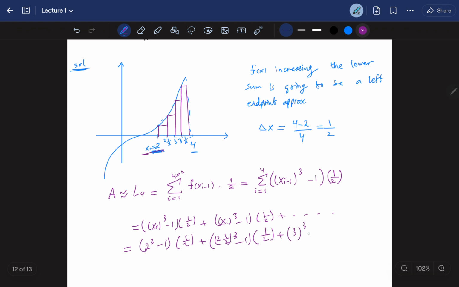And you just take the points by adding 1/2, and you add them up. So this represents the area for the first rectangle, then the second rectangle, this is the area of the third, and lastly, this is the area of the fourth. Once you calculate that, you add them up, and this is your approximation.